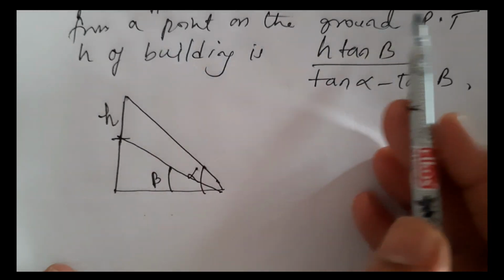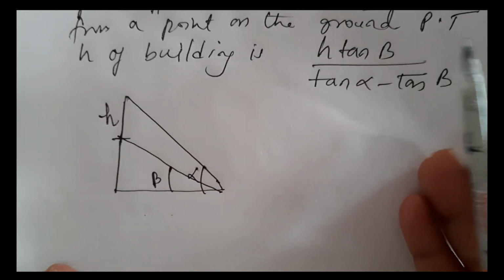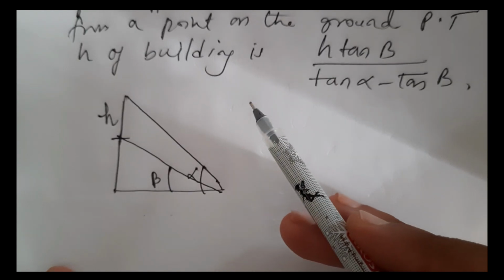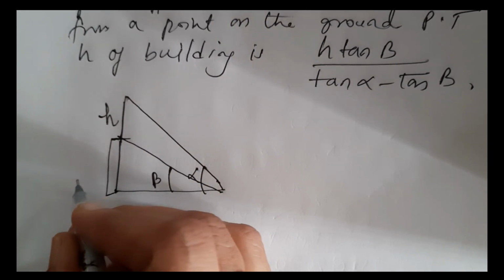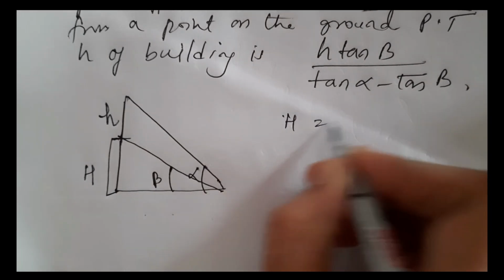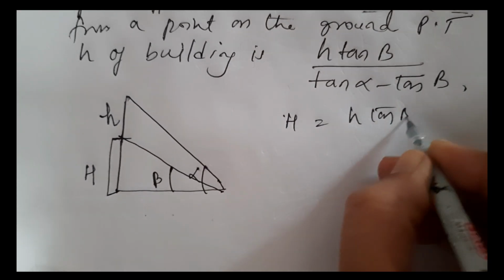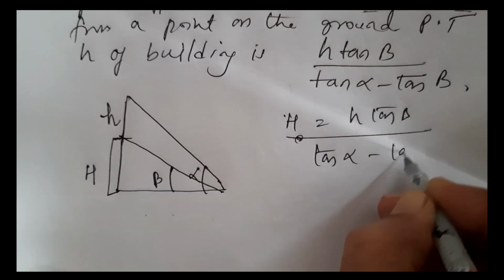This we need to prove. Height of the building, if it is capital H, we need to prove H is equal to h tan beta upon tan alpha minus tan beta.